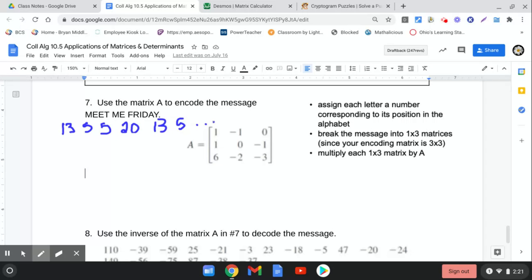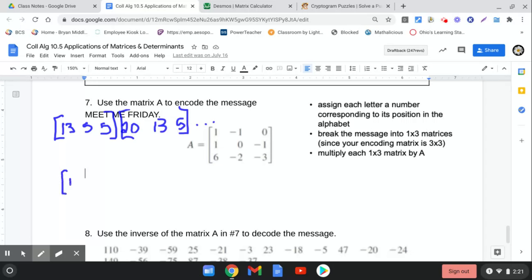Now, I don't want to send this string of numbers because this would be pretty easy to decode, again, just knowing the English language. So let's say my friend and I have decided on this matrix A that we're going to use to encode stuff. Since it's a 3x3 matrix, I need to break my message up into chunks of 3. And then I'm going to multiply each of these by my encoding matrix.